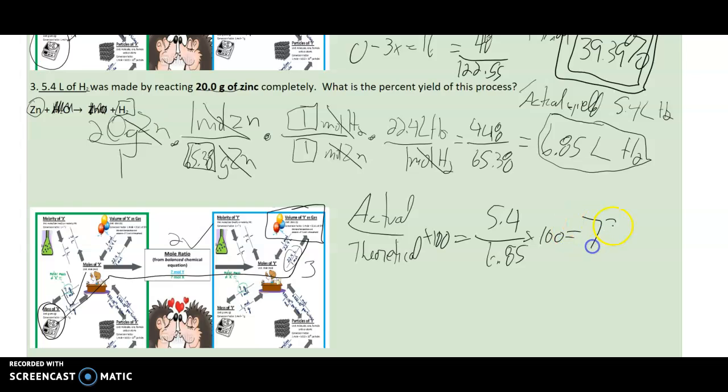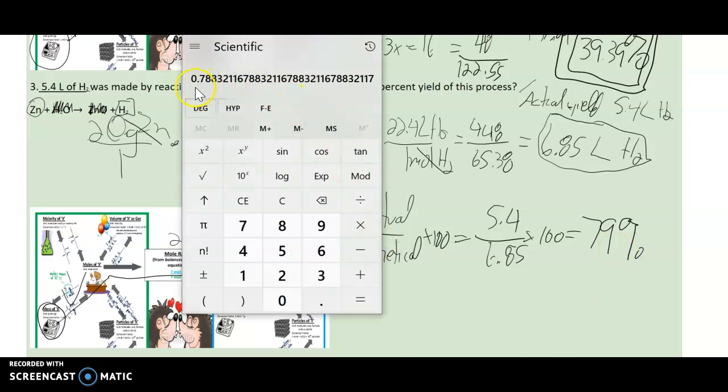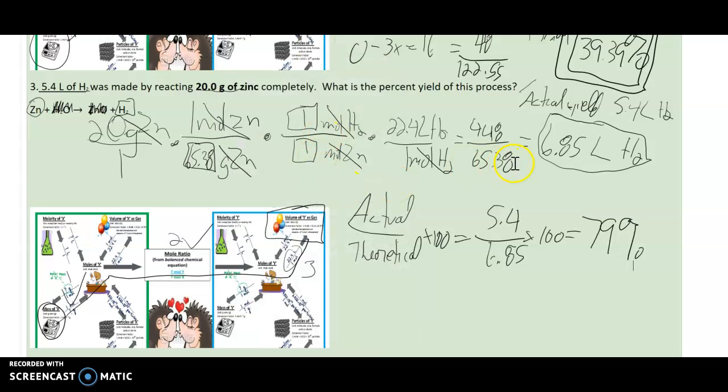Did I get that right? I'm not good at memorizing it for a short amount of time. Yeah, 79%. 78.8, and then I rounded up. All right, so they got 79% of what was expected.